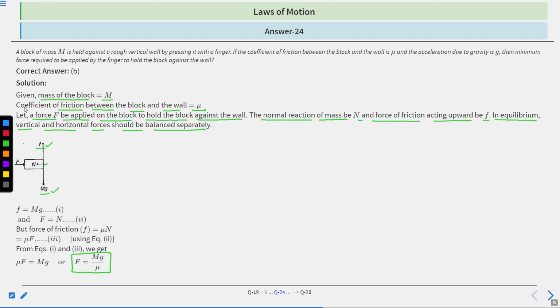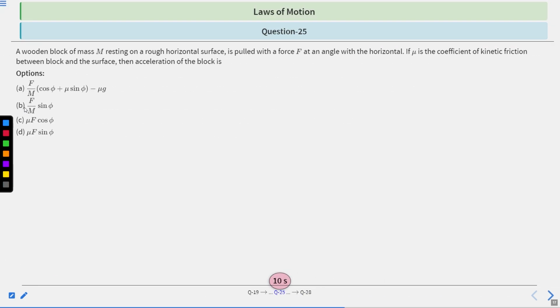Next question. A wooden block of mass m resting on a rough horizontal surface is pulled with a force F at an angle phi with the horizontal. If mu is the coefficient of friction between the block and the surface, then what is the acceleration of the block?